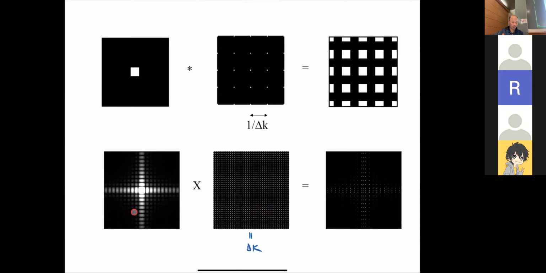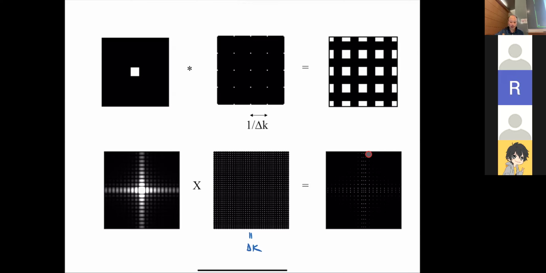This is the Fourier transform I want to sample. Mathematically I multiply it by this 2D comb function that has samples at delta K, and this is what my samples would look like. This is what I actually would store in the computer.